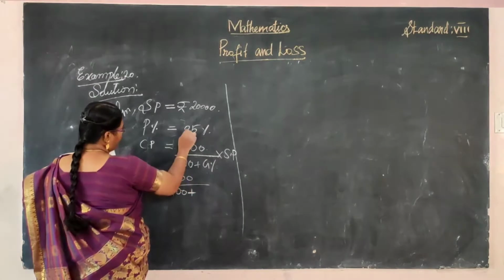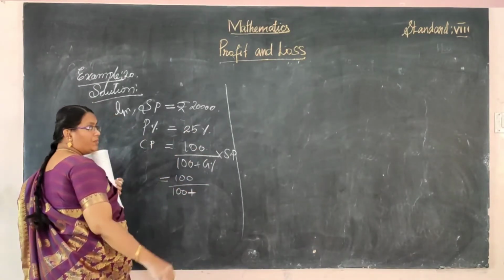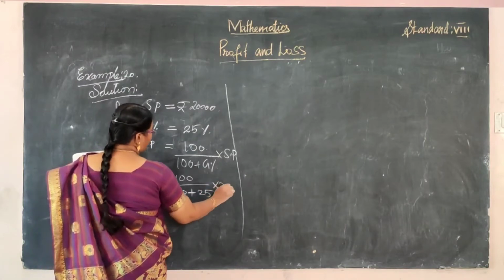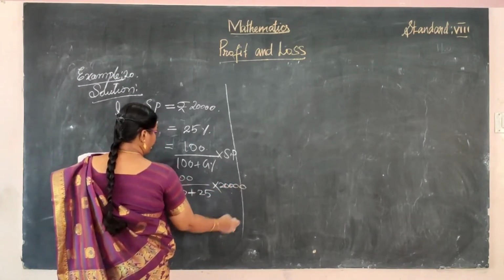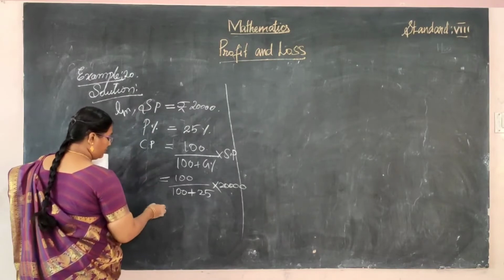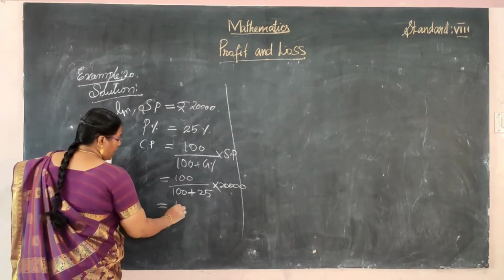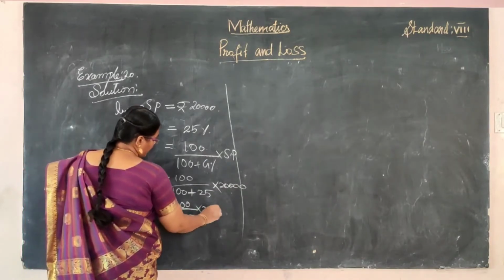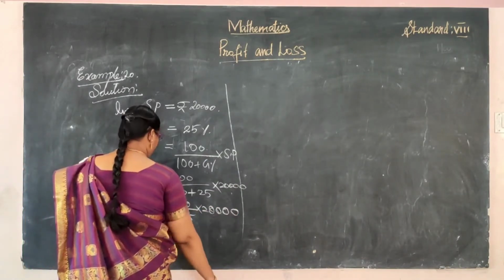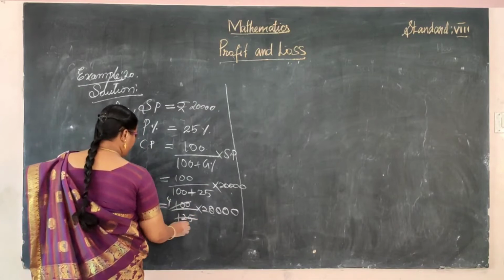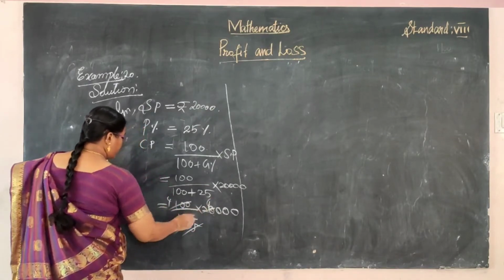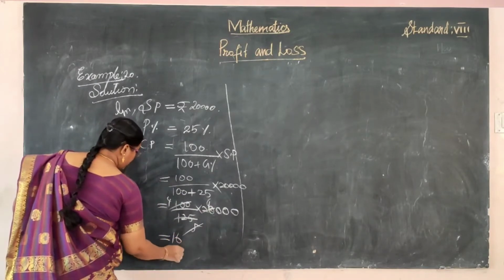Very easy one. Gain percentage or profit percentage are the same. 25, and SP value was 20,000. So 100 by 125 into 20,000. 5 4s are 20, 4 4s are 16.